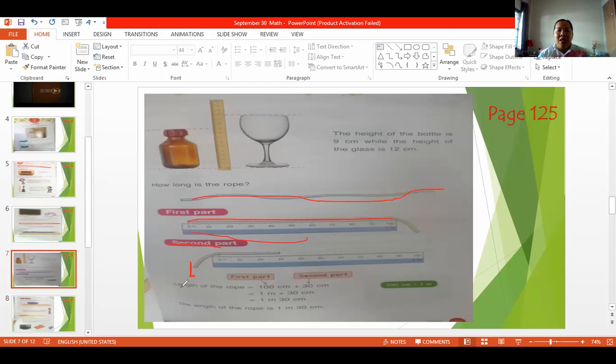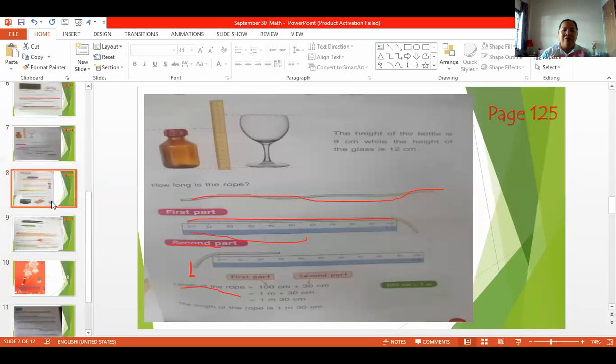So here, the length of the rope is 100 centimeters plus 30 centimeters. 1 meter plus 30 centimeters, that is 1 meter and 30 centimeters. So that is the length of the rope. Let's go to the next page so that we can finish this one.